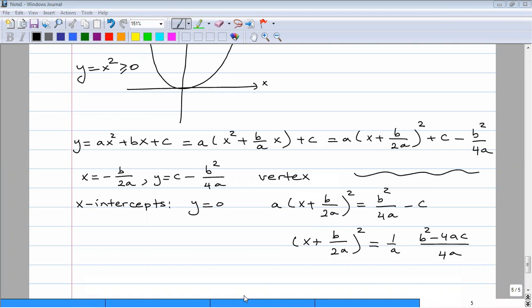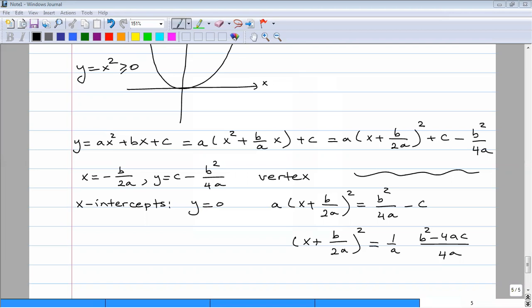The vertex. The vertex is the point where the parabola is along the y-axis. So the vertex is the lowest, smallest value for y.